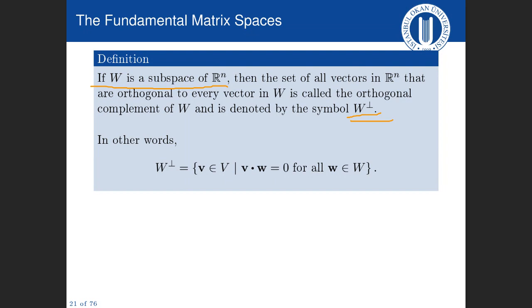So in other words, the orthogonal complement of W is all of the vectors v in the vector space, here the vector space is Rn, such that v is orthogonal to w for all w in capital W.